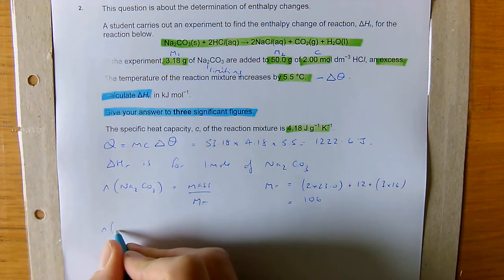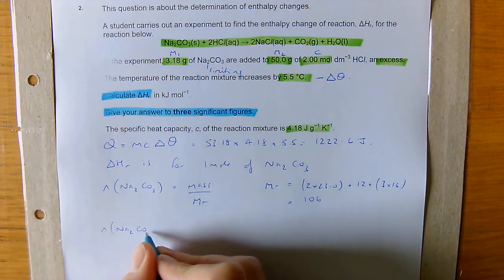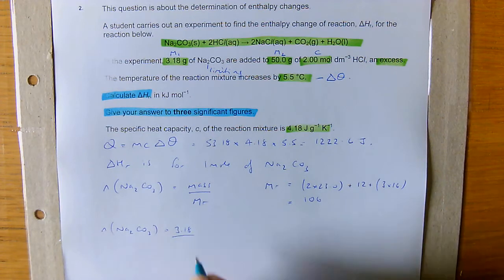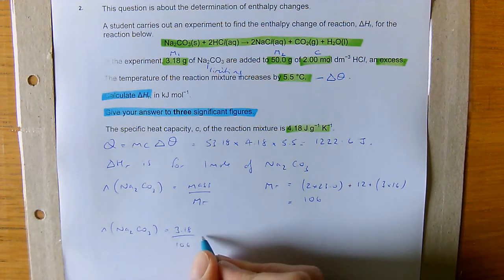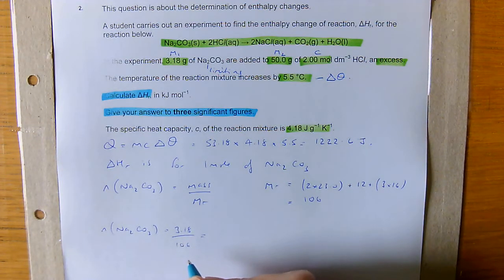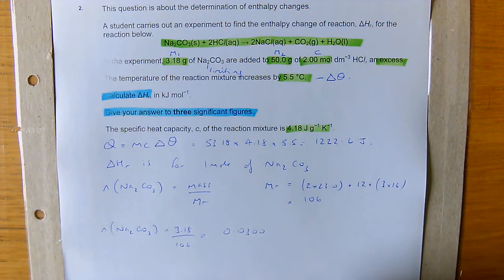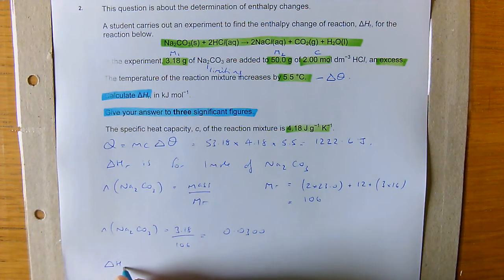So our moles of sodium carbonate equals 3.18 divided by 106, and that is equal to 0.0300.